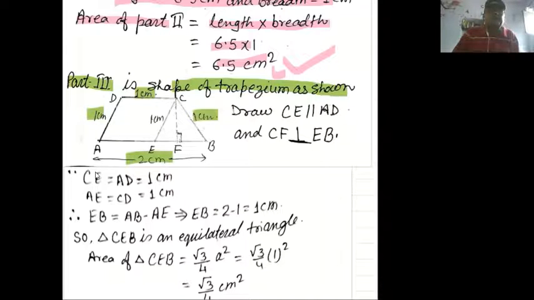First we draw. Here we have written the trapezium ABCD. You can see in the figure. In trapezium ABCD, AB parallel CD. In construction, we draw CE parallel AD and CF perpendicular EB.